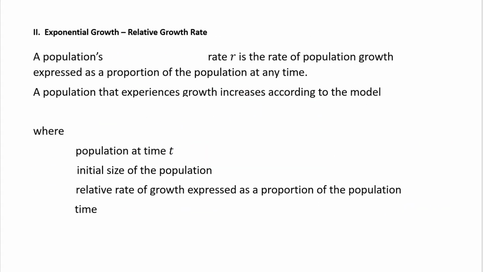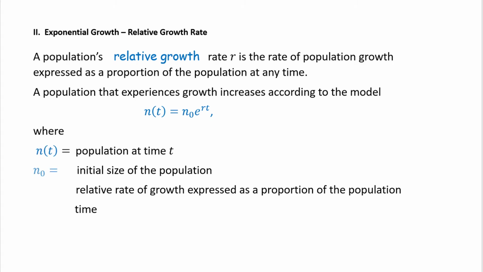Roman numeral 2, exponential growth, relative growth rate. A population's relative growth rate, R, is the rate of population growth expressed as a proportion of the population at any time. A population that experiences growth increases according to the model N of t, where N of t is the population at time t.